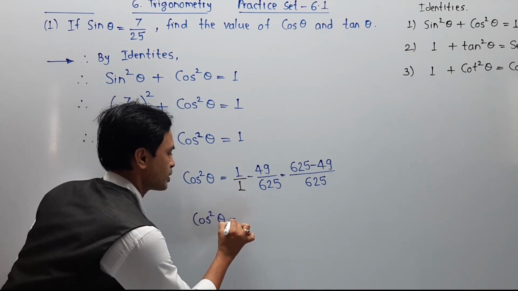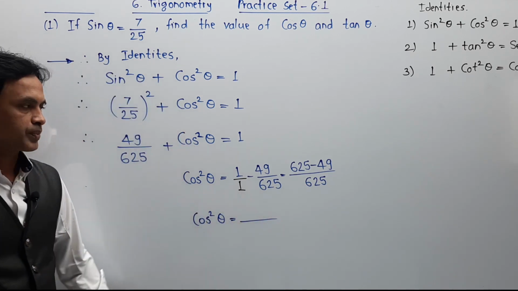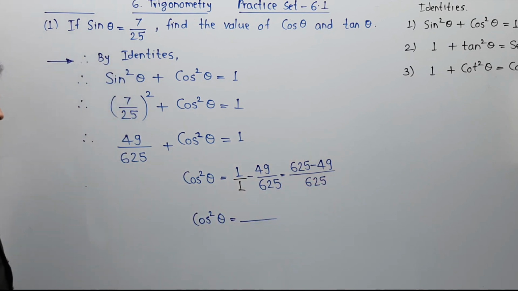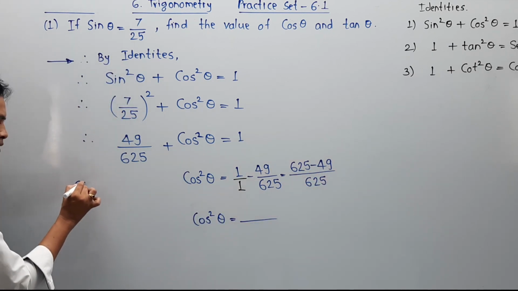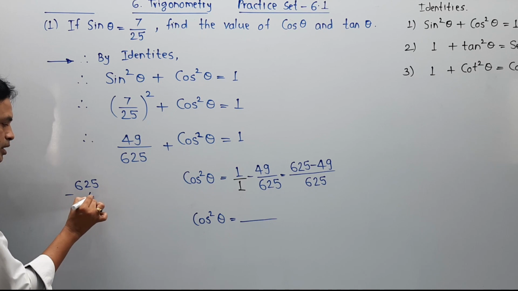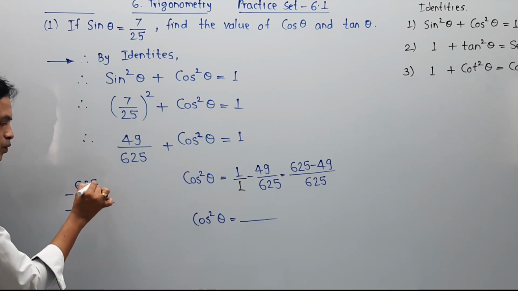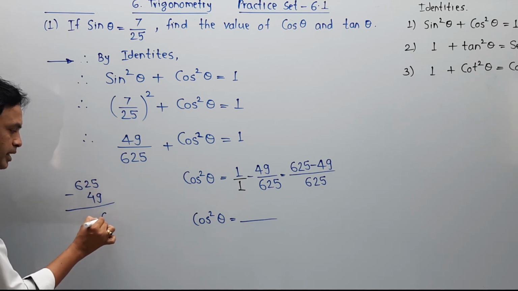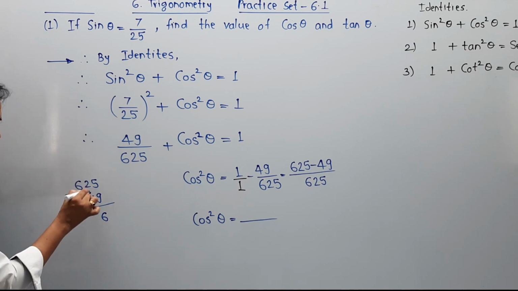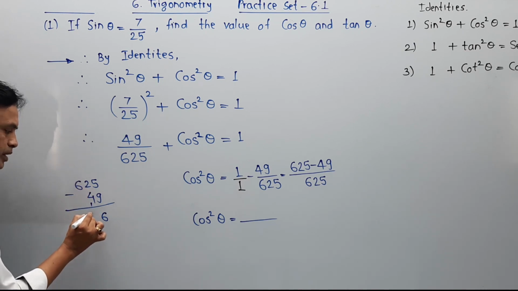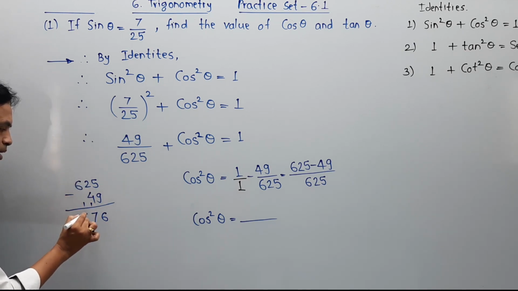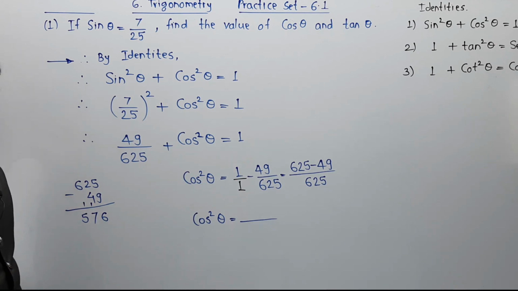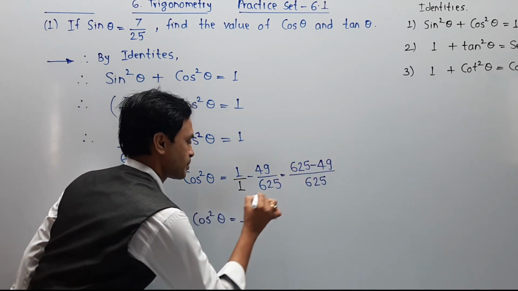So now cos square theta is equal to 625 minus 49. Once again I will do this in front of you. 625 minus 49: 15 minus 9 is 6, 12 minus 5 is 7, and 6 minus 1 is 5, so it is 576.